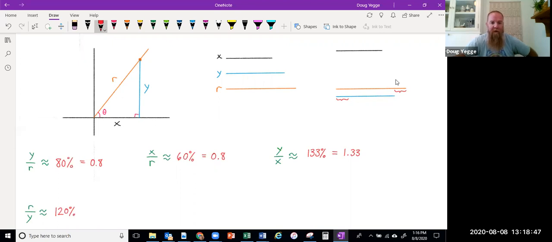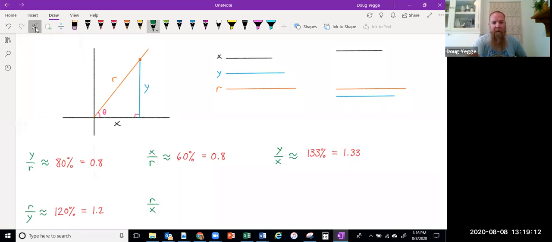So because R is bigger than Y, we see that this is 120%, so 1.2. So you can see that each of these ratios is giving me a different number, a different value, okay? If we look at the reciprocal, we could see how big is R compared to X, okay?